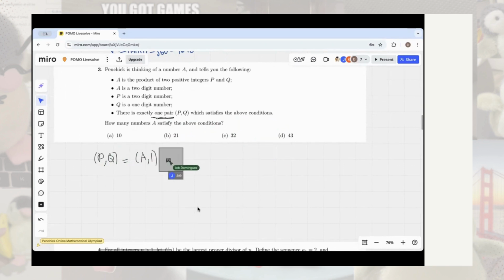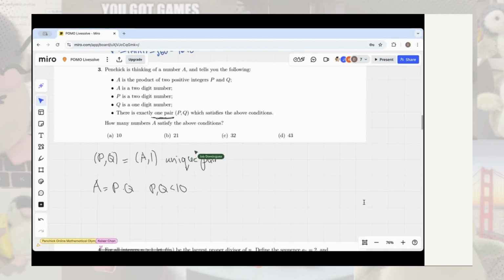So basically, the ultimate problem here is to find A equals P times Q such that P and Q are less than 10, so that there's only one unique pair and that's A and 1.